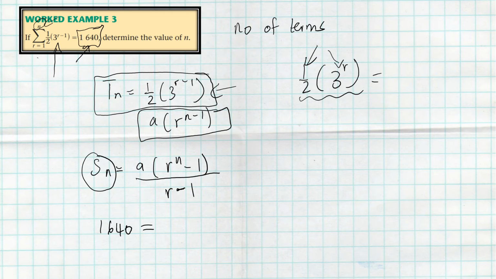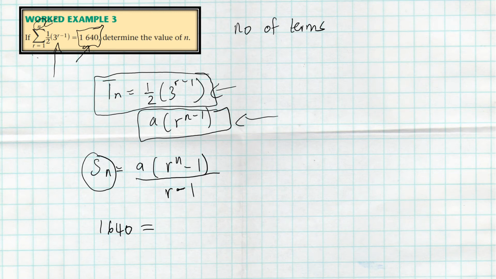In most cases, they like to do this. They'll just give you the Tn that looks like a geometric one, but not entirely like the standard formula for geometric. So you take your value for the starting point, you substitute it, then you will get the value of the first term.